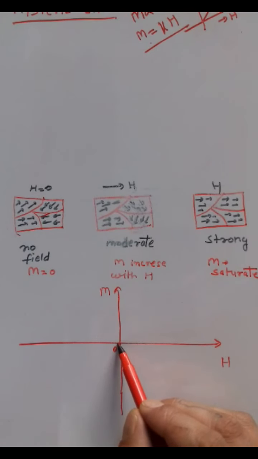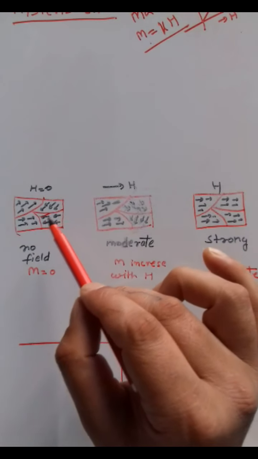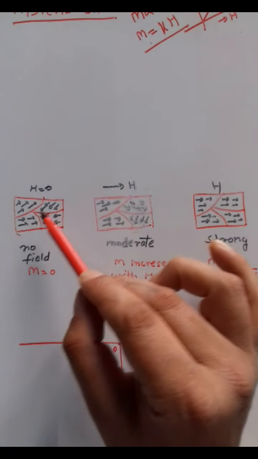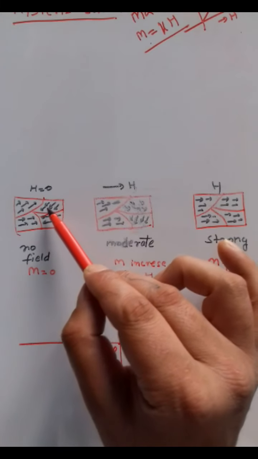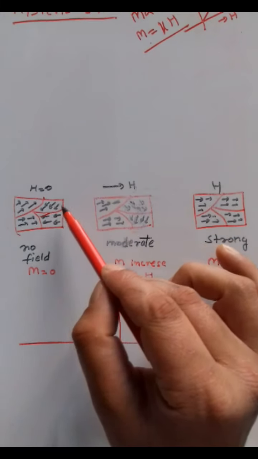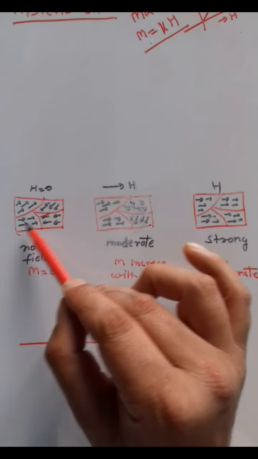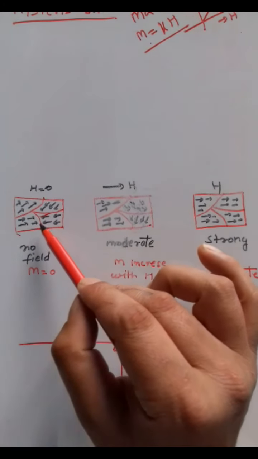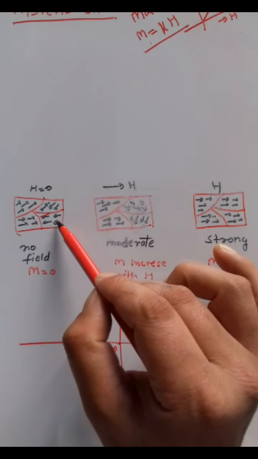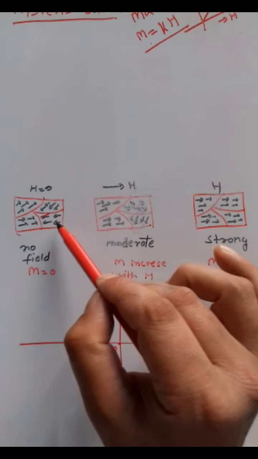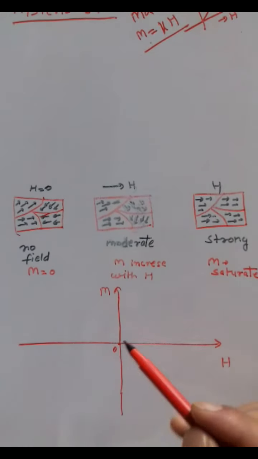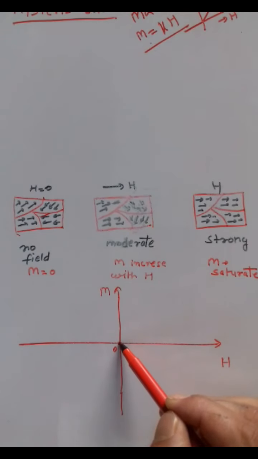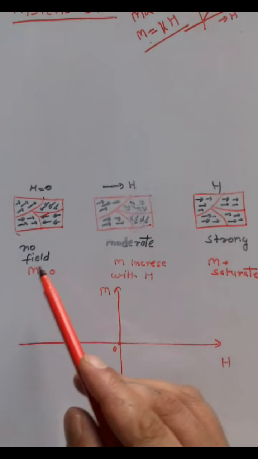If the external field is 0, as I have told earlier, all these domains are randomly oriented. So the magnetization of this domain is cancelled out by magnetization of another domain, and magnetization of this domain is cancelled out by magnetization of another domain which is oriented opposite to that. So if we have no external field, H equal to 0, the total magnetization M will be 0.